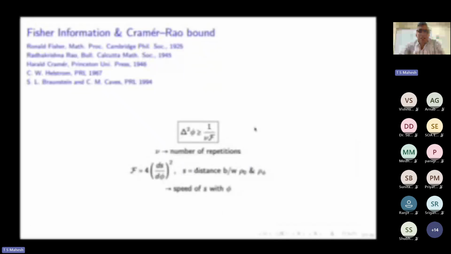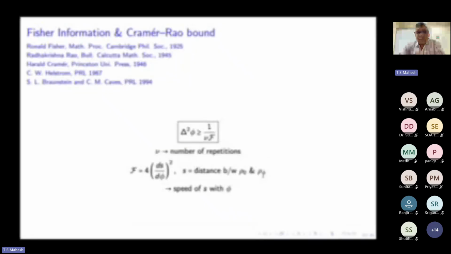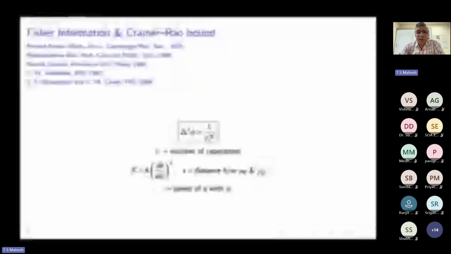There is a very important, very fundamental notion. This is called Fisher information. And Fisher information is the distance between the initial state and the encoded state. In the previous slide, I described these two states. There is an initial state, and after sensing field evolution, you have this encoded state. And Fisher information is roughly the distance between these two states.